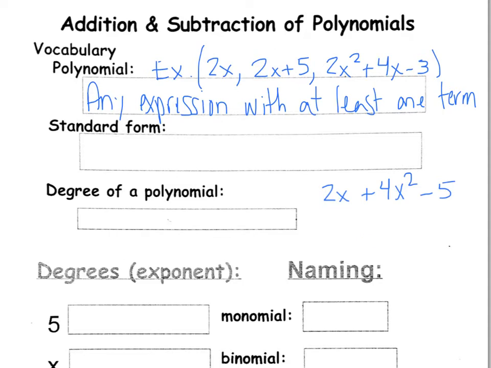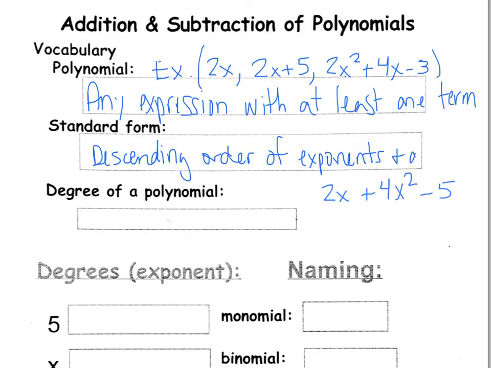So standard form is descending order of exponents and alphabetical. We're going to talk more about that in a second when we actually go over this.